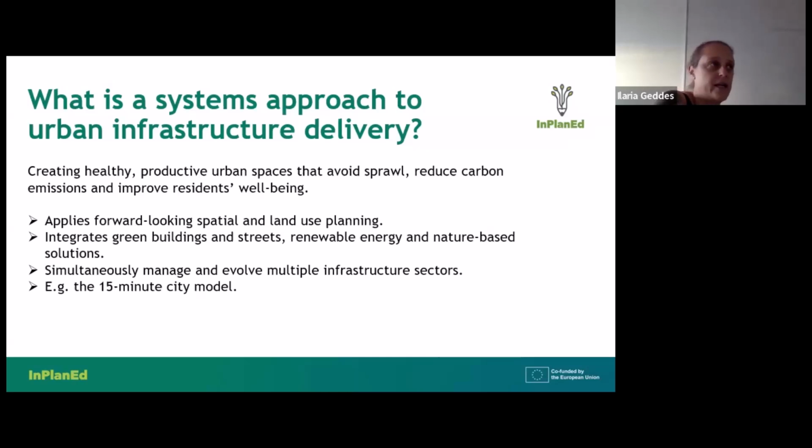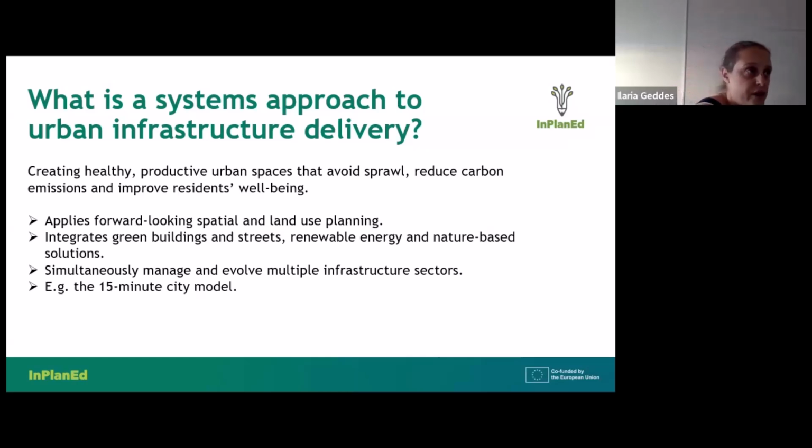So if you want to get into more detail on this subject, you can look at it. It applies forward-looking spatial and land use planning. It integrates green buildings and streets, renewable energy, and nature-based solutions.